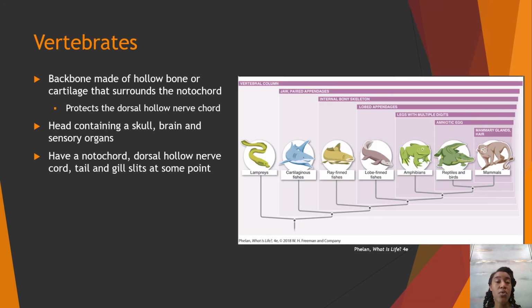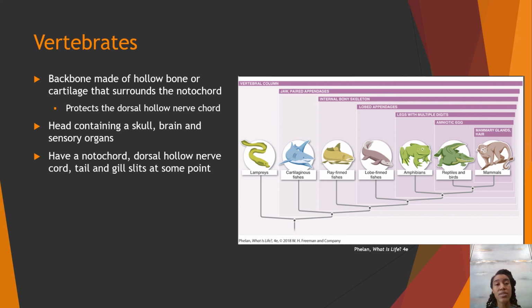The largest group of chordates are the vertebrates, and vertebrates are characterized by the presence of a backbone that's made of either hollow bone or hollow cartilage, and it surrounds the notochord. The responsibility of the backbone is to protect the dorsal hollow nerve cord, aka the central nervous system.